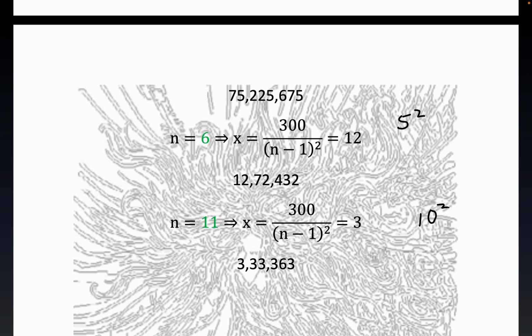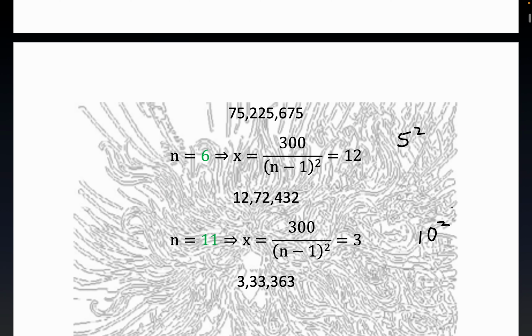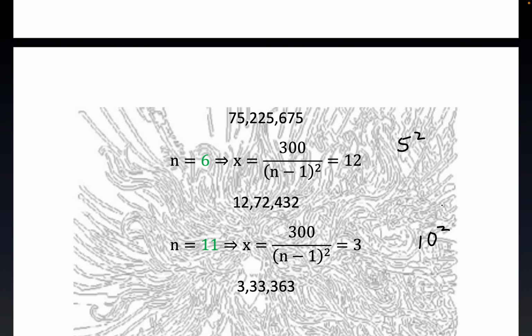Now let's take a look maybe at this one. Let's see if the math is easy here. I'll write the average: 12 plus 72 plus 432. And this is just an example. Divided by 3.